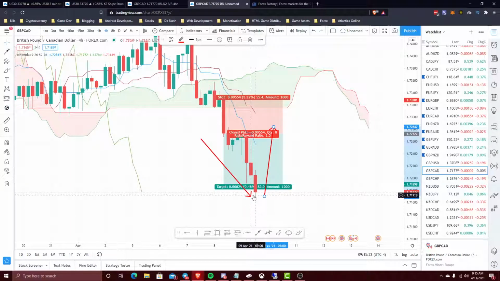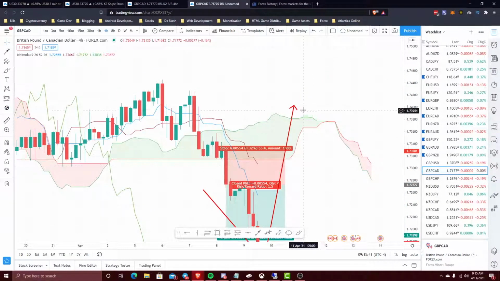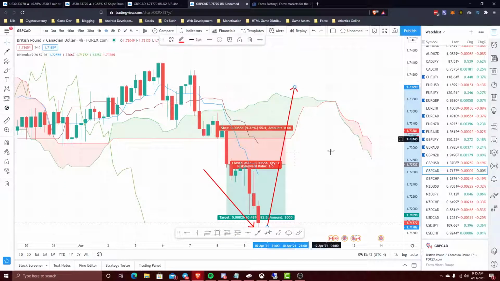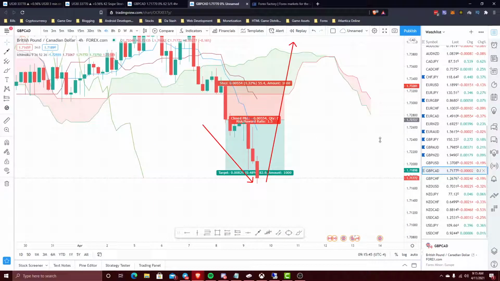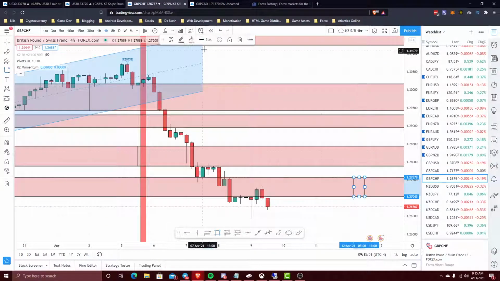So it's probably going to stop right here and go back up to this point, and it may continue to go down, or it may break past the baseline, change direction and go up. So we have to wait and see on that.